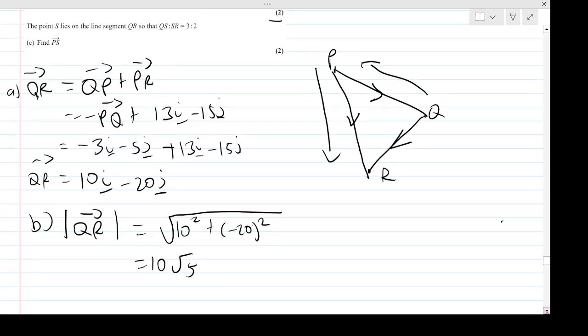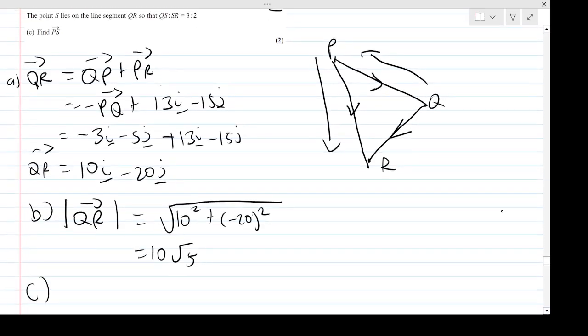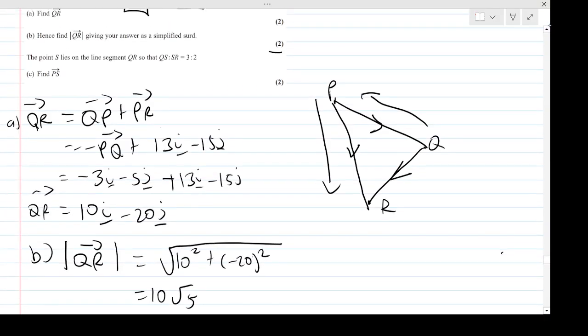Okay, in this case. Right, part C. Now I'm told the point S lies on the line segment QR such that QS to SR is 3 to 2. Right, so now we're adding a point S on the line QR, so on this line here. So that's telling me S, where Q to S is 3 parts, and the remaining part is going to be 2.